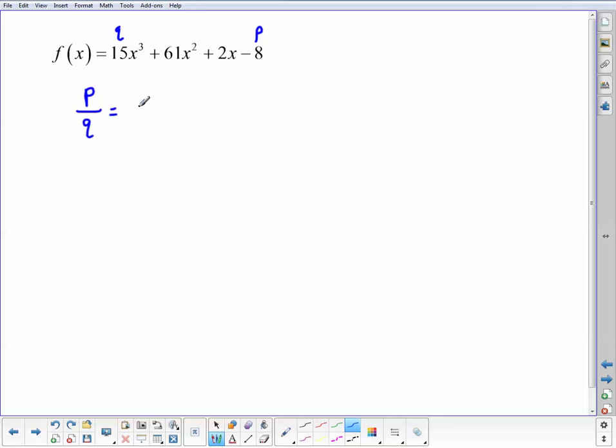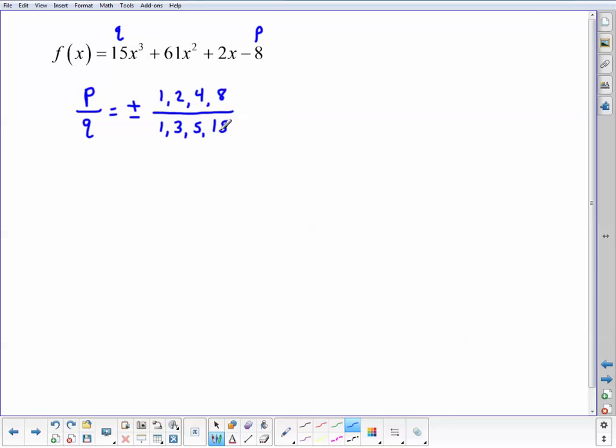So what I'm going to do is list out all of the numbers that are factors of P, and divide that by all of the factors of the leading coefficient, in this case 15. So my factors of 8, I have 1, 2, 4, and 8. Those are all my factors of P. My factors of 15, Q, are 1, 3, 5, and 15.